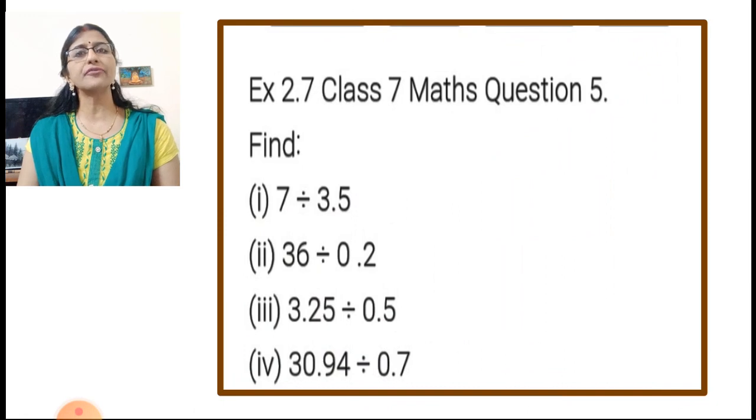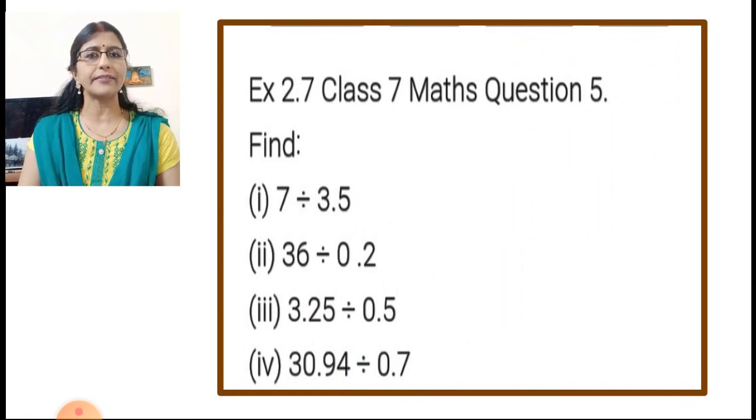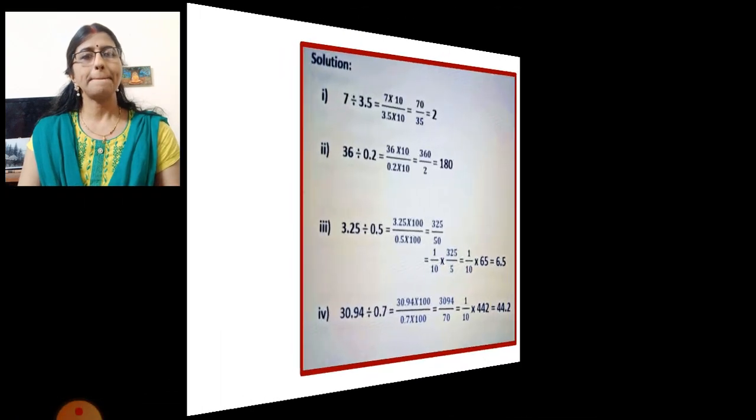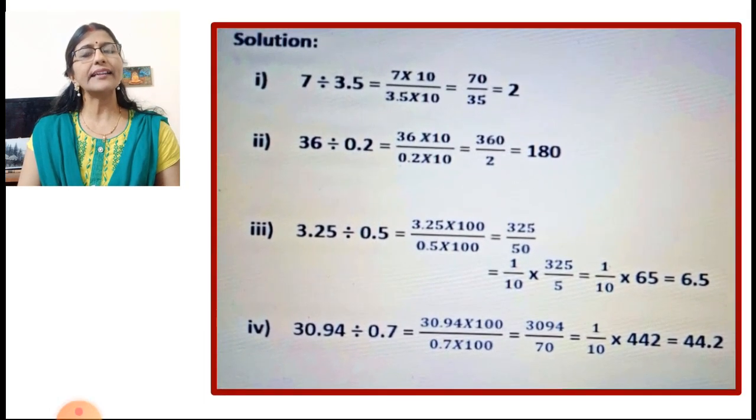So let us do some more questions like this, where the divisor has decimal point. This is question number 5 of exercise 2.7. 7 divided by 3.5, 36 divided by 0.2. Let us see how to solve the questions. Now the first one is 7 divided by 3.5. So here you can see divisor has decimal point. So first we'll remove the decimal point which is there in divisor. So we will have to multiply both.